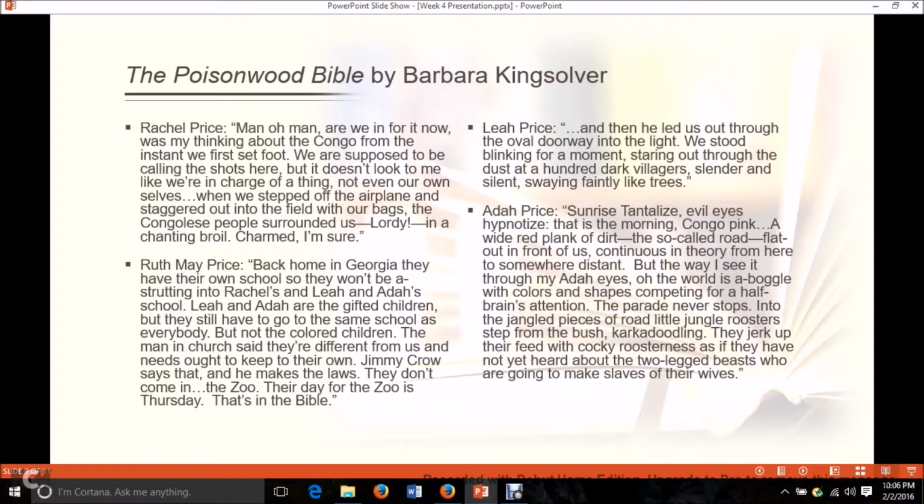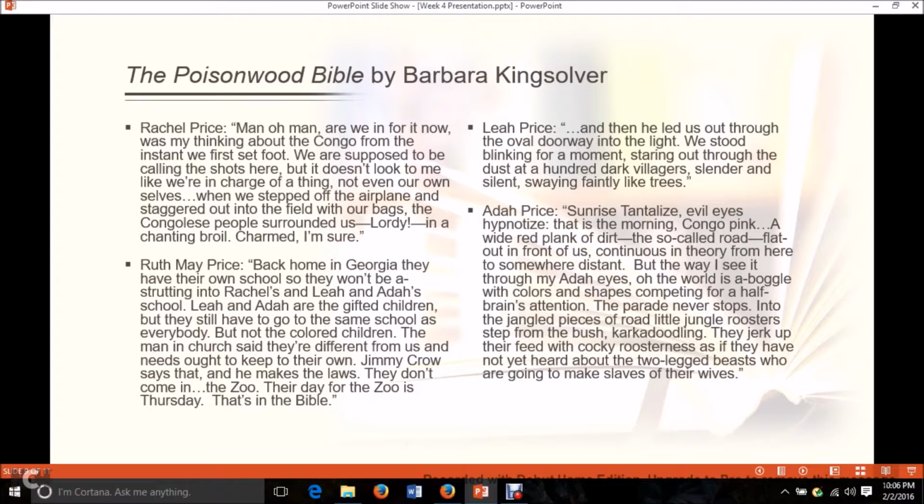What Barbara Kingsolver does with her particular book, I thought is interesting, is that she creates a style for 4 different characters. So the story is shared through the eyes of 4 separate characters. A chapter will be from this character, a chapter will be from this character, and so you get to see the story develop and evolve through so many different styles.